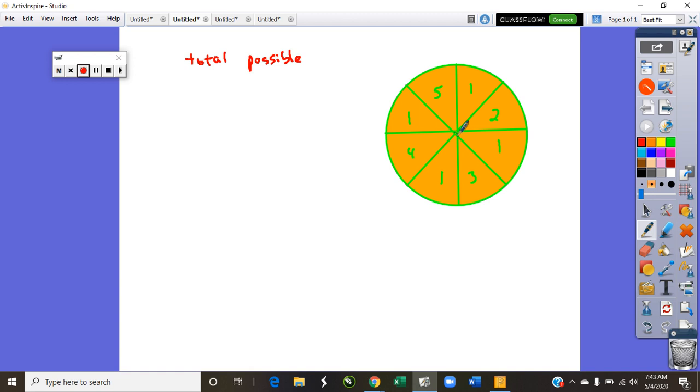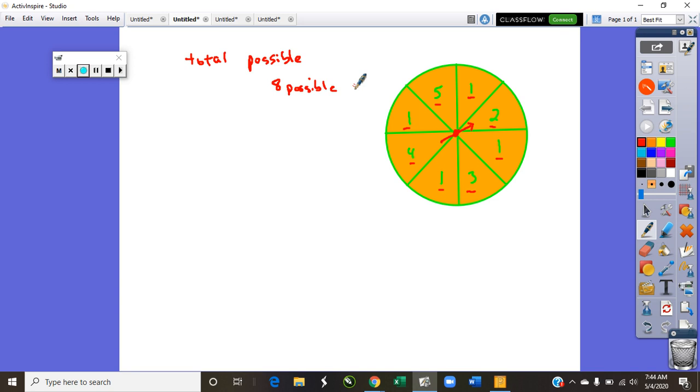So let's look at this. There's an arrow here that we're spinning. The first thing I'm going to do is determine how many possible outcomes there are. Well, there's one, two, three, four, five, six, seven, eight possible outcomes every time I spin this thing. There's 8 possibilities I can get, right?